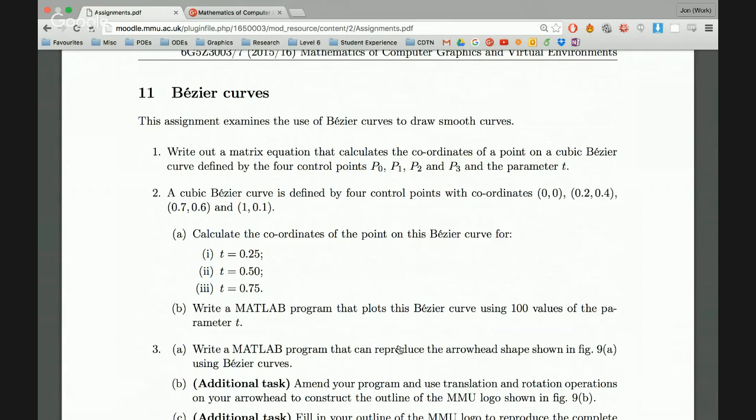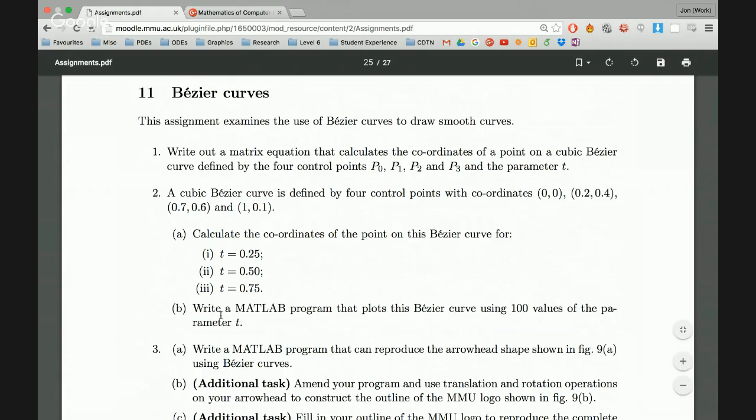Asking you to calculate the coordinates of the point on the Bezier curve for these values of t. And then part B, write a MATLAB program to do that, using 100 values of the parameter t, 0 to 1 in steps of 100, in other words, or 101 values, doesn't really matter. So 1 and 2 are required, and so is 3 part A.